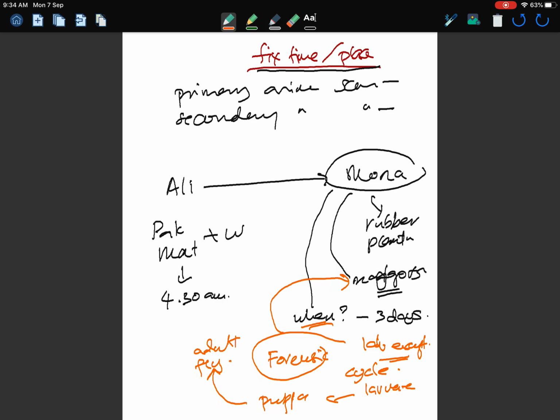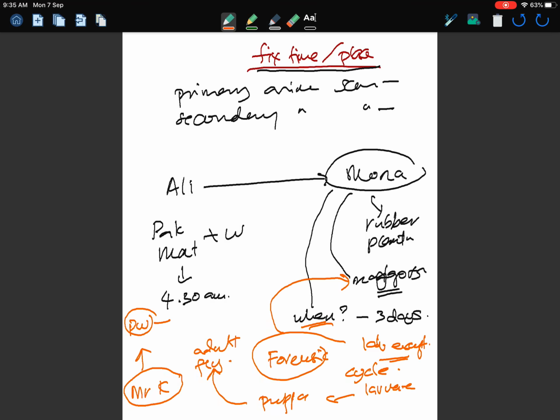So from the cycle of these maggots or flies, you can determine the time of death, when Mona died. So the maggots will be taken to the lab, and you may have, let's say, Mr. K, who is an expert on the study of insects, and he will identify the time of her death.